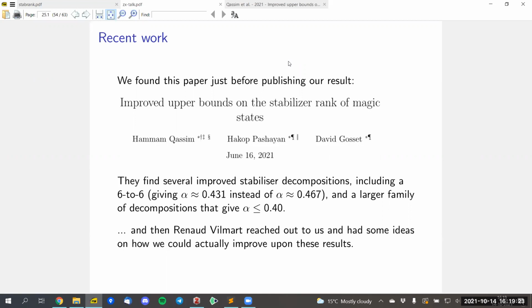Because one of the places where you do get circuits with lots of identical but very small phase rotations is the circuits which come out of Earl Campbell's qDRIFT algorithm. This is a Hamiltonian simulation algorithm.